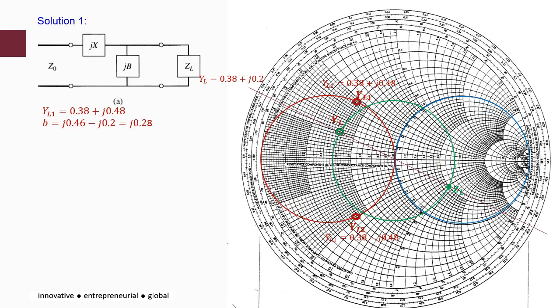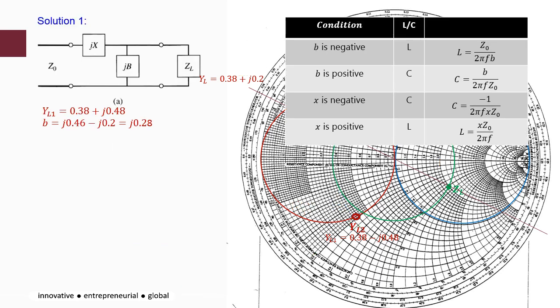So let's go to the table again. We start with solution 1. B is a positive value, so the component at this point is the C. What will be the C value?